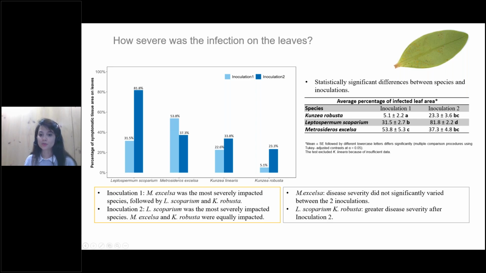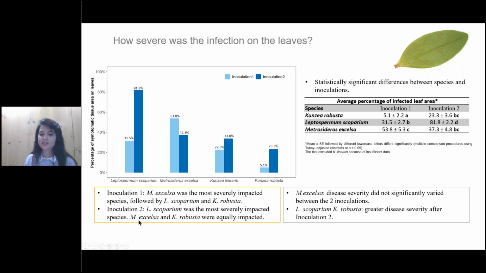After inoculation 2, Leptospermum scoparium became the most severely impacted species with, on average, 80% of the leaf area covered with spores. No significant differences were seen between Metrosideros excelsa and Kunzea robusta, which were around 35% of leaf area covered with spores.